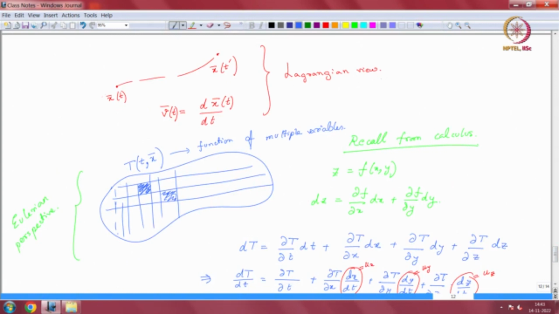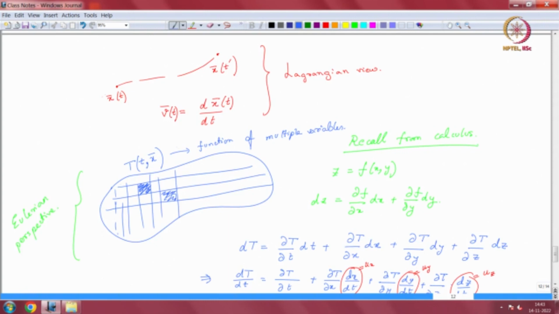So, f equal to ma must be interpreted in the Lagrangian sense. Whereas, if we are using the Eulerian perspective, the bookkeeping we are doing for the variables is slightly different, because now we are associating the variables with grid points, and we are keeping a tab on how this variable changes with respect to time, but not just time, but also the spatial variables.